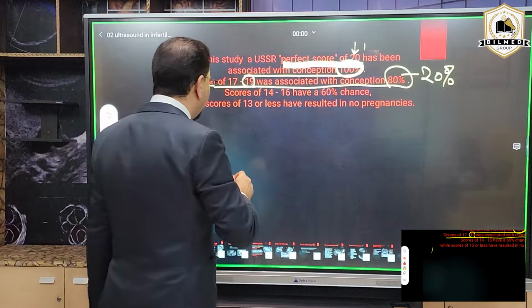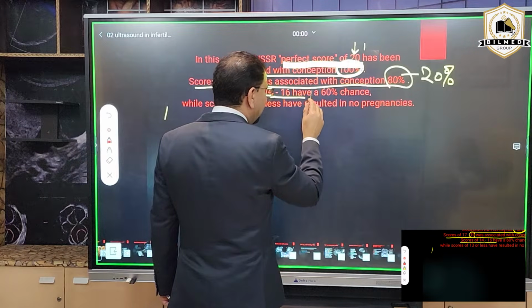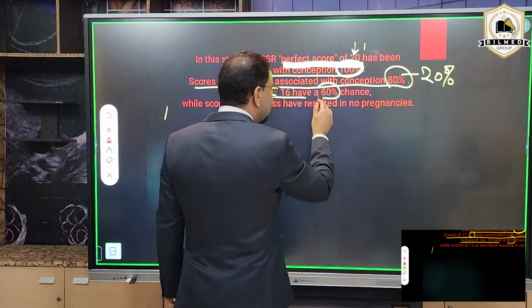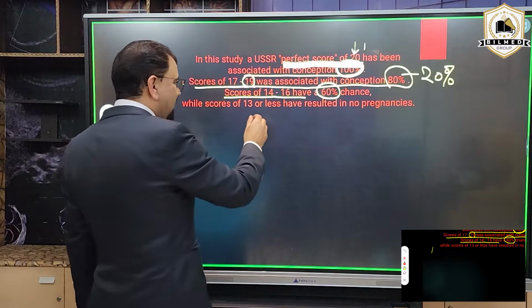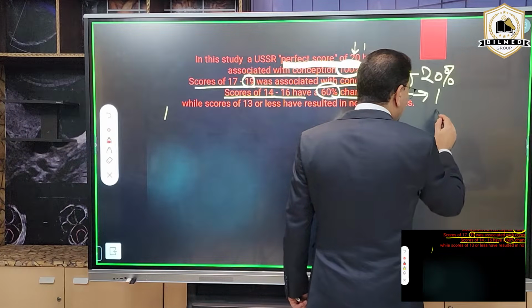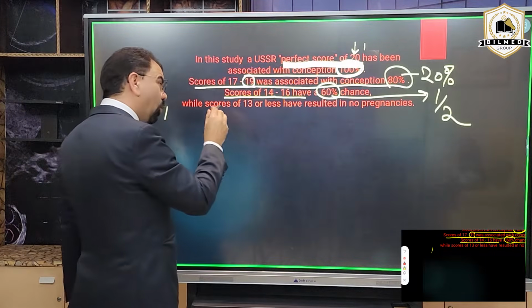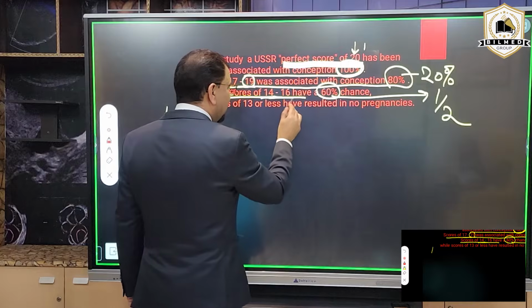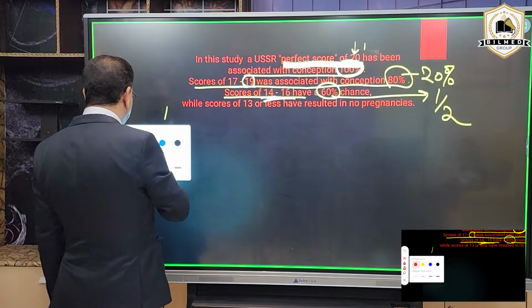Now, what is happening? If the score is in between 14 and 16, only 60% chances were there. It means that only roughly half of the patients will conceive if the score is 14 to 16. And now, see what is happening.